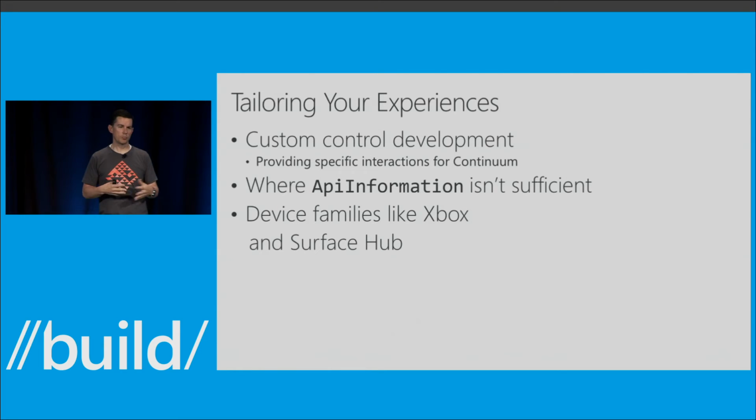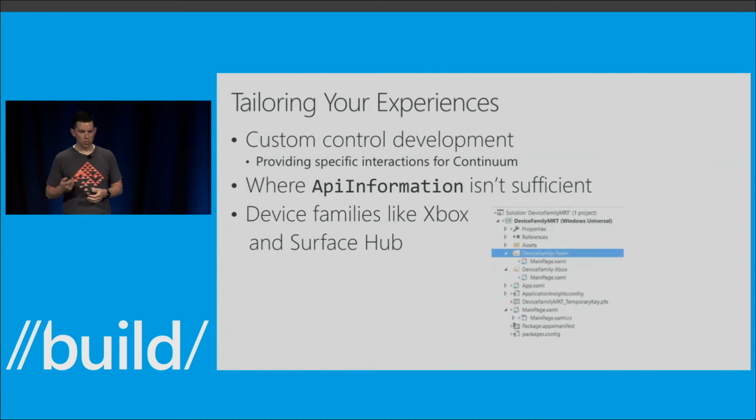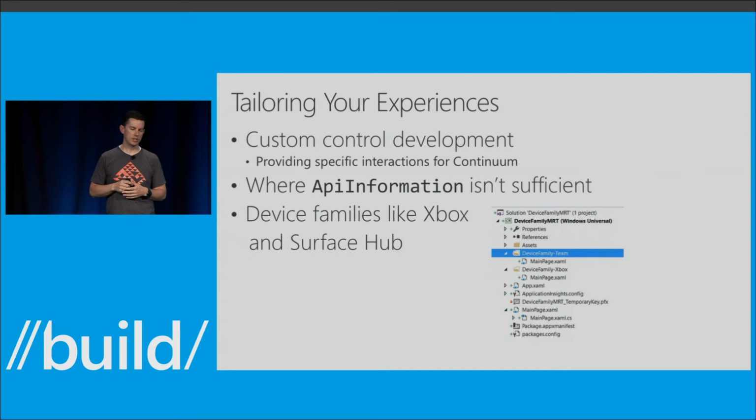Xbox might be another one, more of a 10-foot experience, and you want to do something more unique with that interaction model. We're not going to demonstrate that today, but if you have questions about it, we're happy to talk about it. We think few will be doing these types of things, and we really want you to think first before you jump into this mindset.